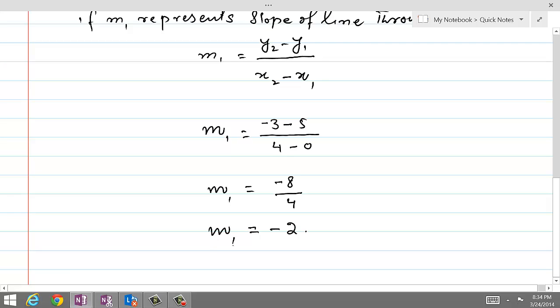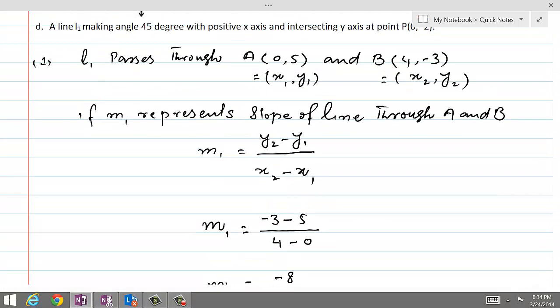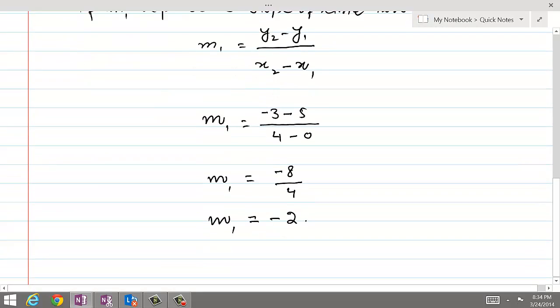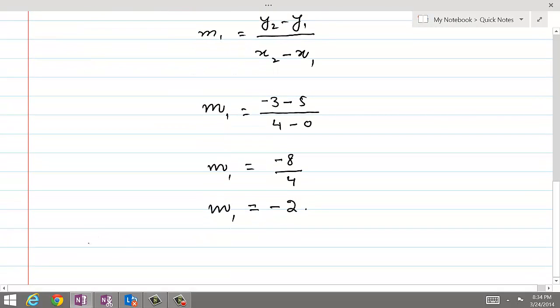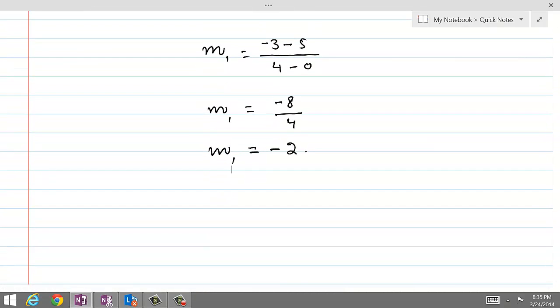And now the other thing we need to find out for this line is the y-intercept. What is it that we know?